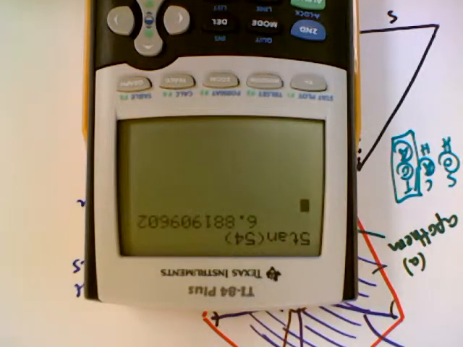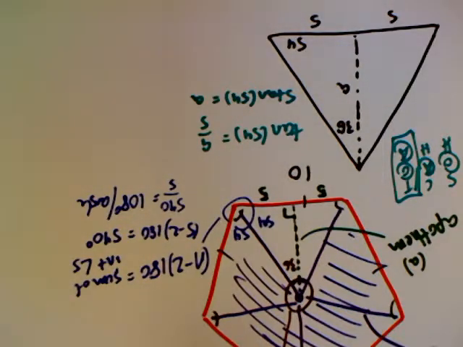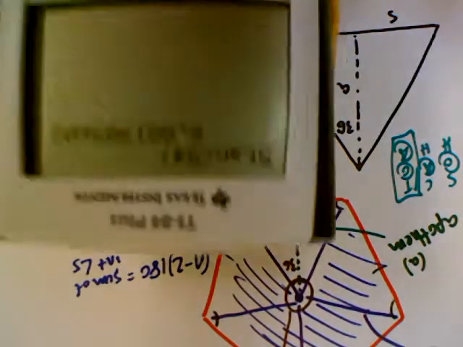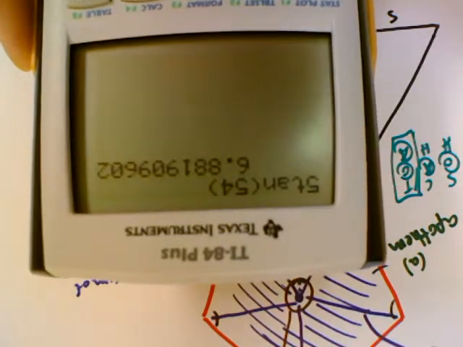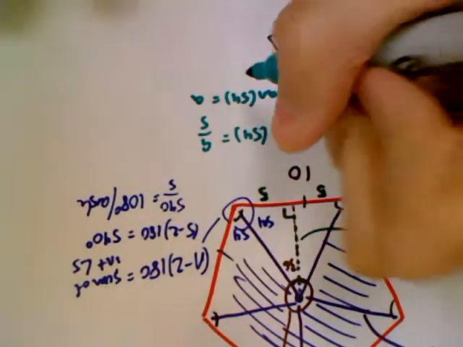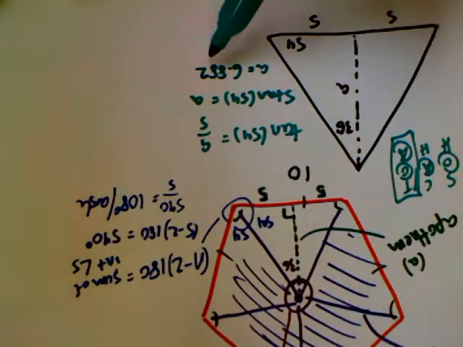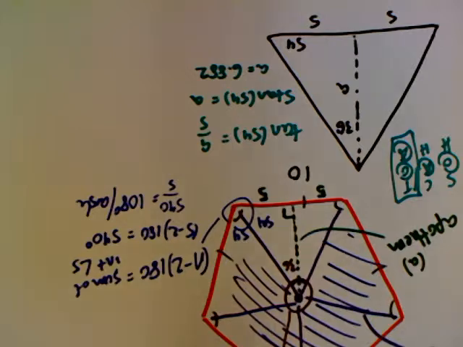So 5 tan of 54 comes out to 6.88. Now, since I'm going to round to the nearest hundredth at the end of this, usually that's the default if it doesn't say, I'm going to go to the nearest thousandth in this case, so 6.882 when you round it. Remember, if you want to be accurate to 2 decimal places at the end of the question, you need to go to 3 decimal places in the middle of the question.